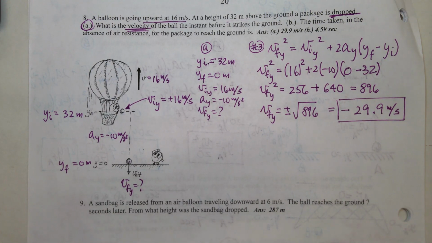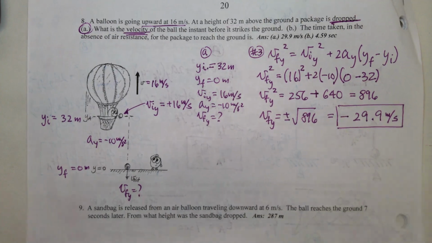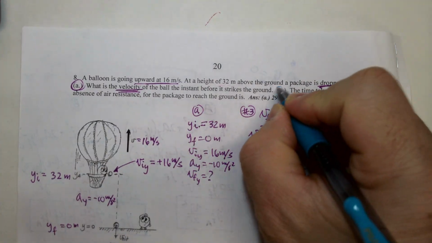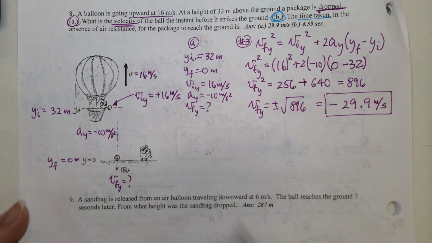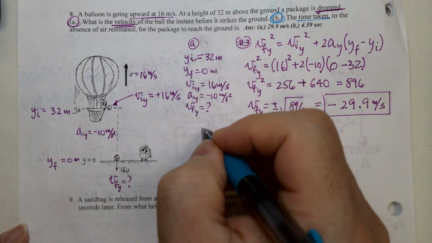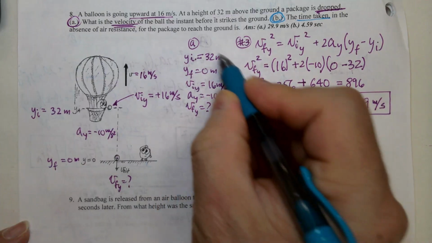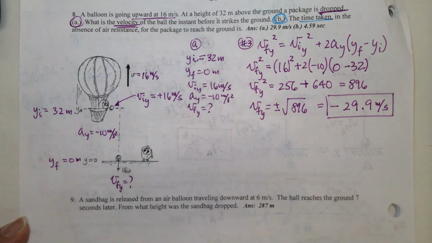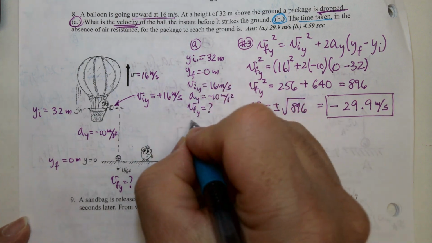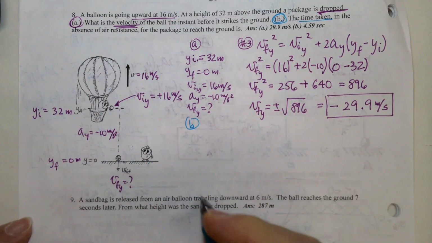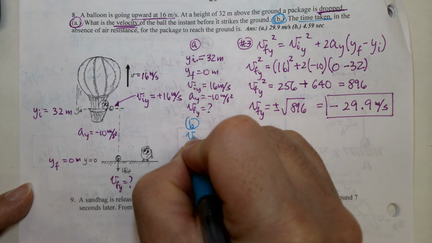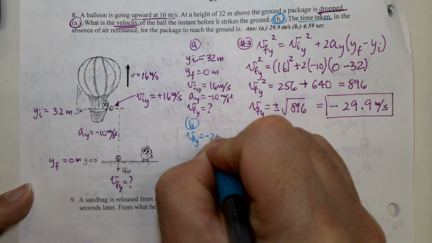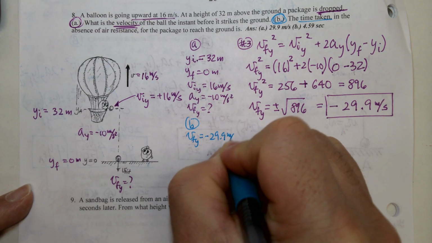So for part B, they want how much time does it take to hit the ground? So they want the time now. Well, we know everything here, don't we? We could use the exact same variables that we know, but this time we also know my VFY. So for part B, my VFY is negative 29.9 meters per second.